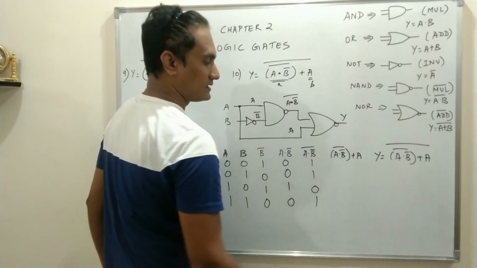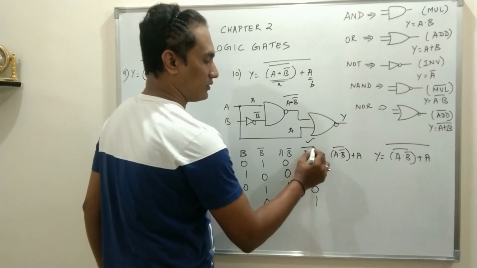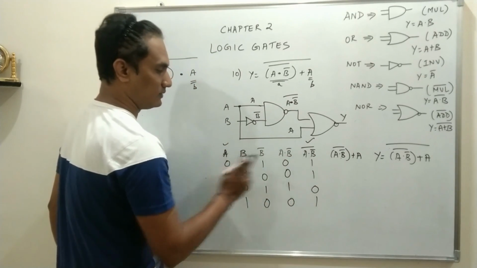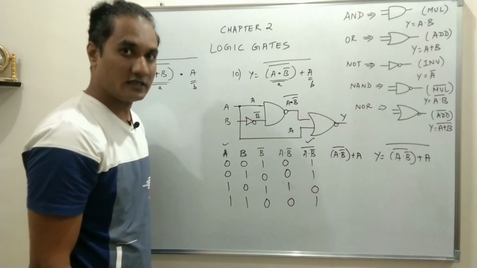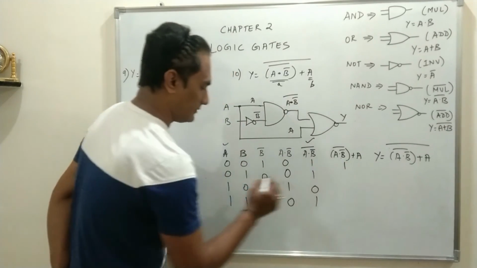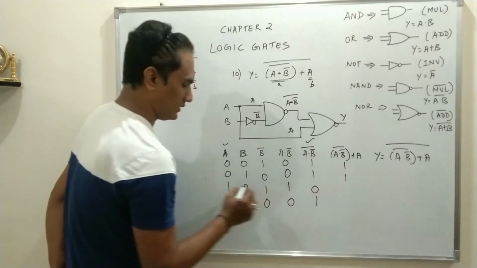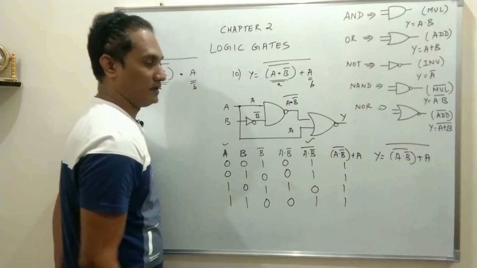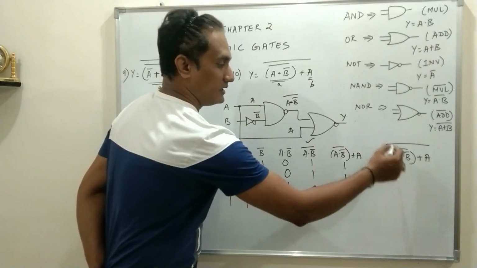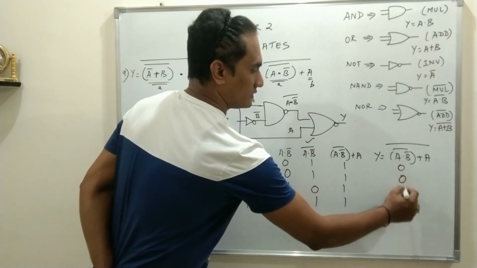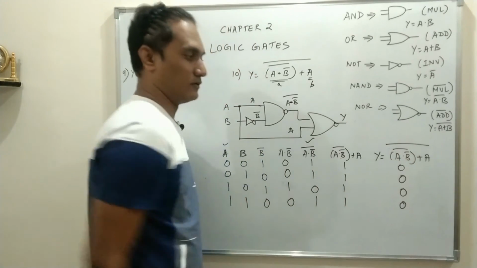Now next is A dot B bar whole bar, this column plus this column, OR logic between these columns, and OR logic amounts for addition. So it will be 0 plus 1 is 1, 0 plus 1 is 1, 1 plus 0 is 1, 1 plus 1 is 1, and Y will be the whole complement of this, so it will be 0 0 0 0.